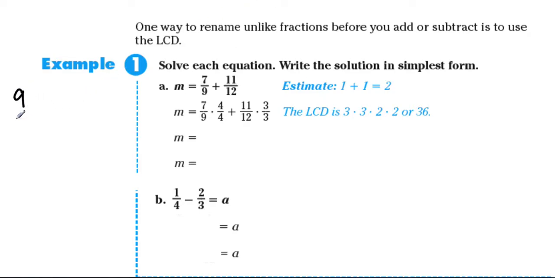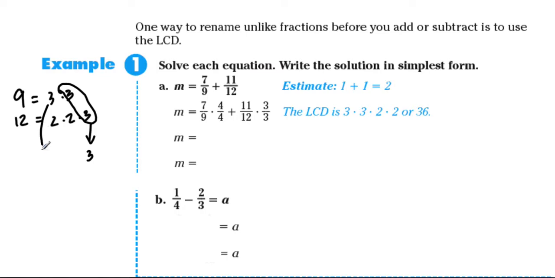For 9 and 12, we find the prime factors of 9, which are 3 and 3, and the prime factors of 12, which are 2 times 2 times 3. Then remember, we circle the common factors, and if we only circle the common factor, that is just our GCF. But we're not looking for a GCF, so we bring down what's left.